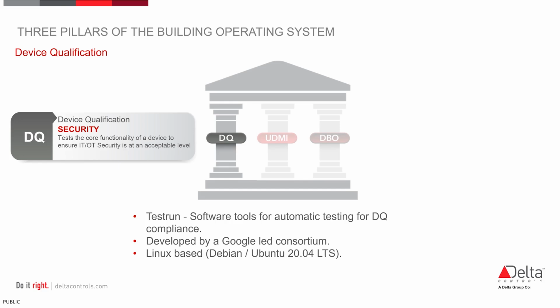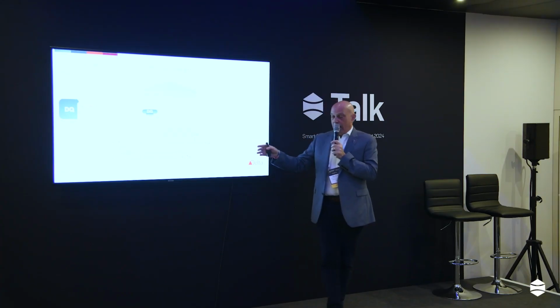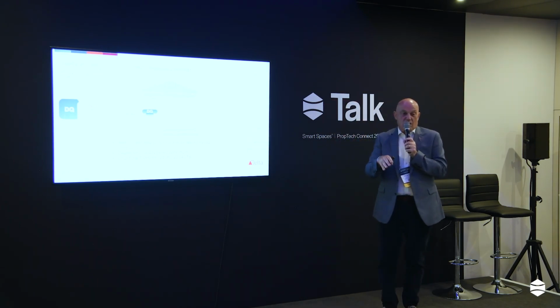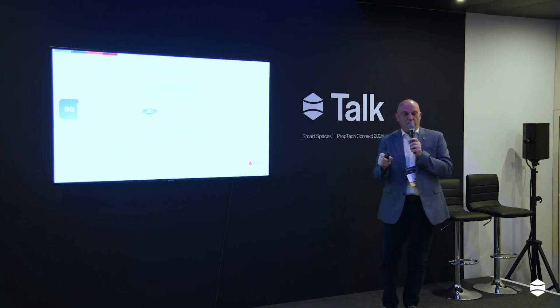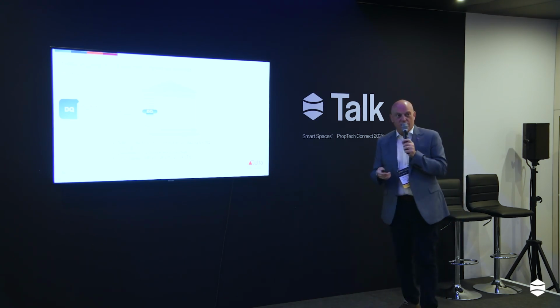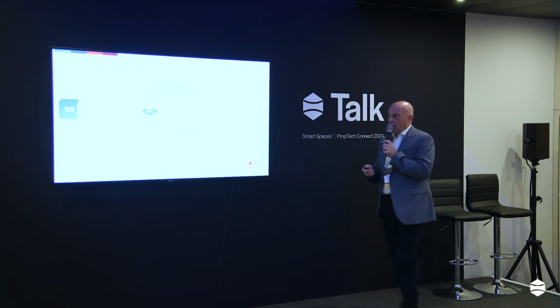This is really a set of tests that are provided by Google. They have a piece of software that you can download. It's all available on GitHub. Developed by Google, it runs on a Linux platform. The idea is you put this on a Linux machine, you plug in your device, whatever that device is, to that machine, run the test, and it will test all of these device parameters to see if it complies or not.